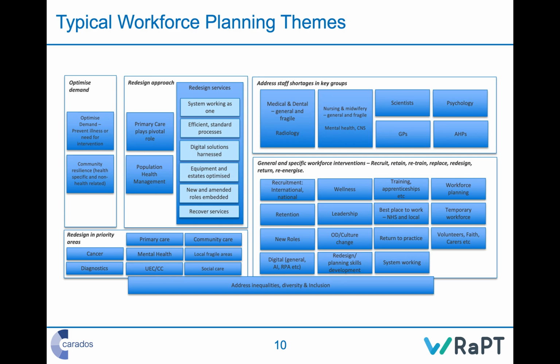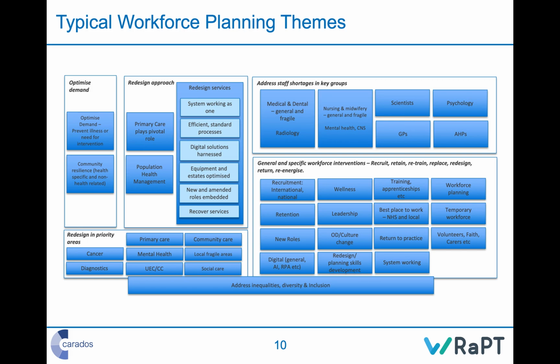Then on the right hand side, you've got a couple of other areas that are often focused. One is addressing staff shortages in key groups. There are a few groups that have come up recently, but it can be any group really. Medical and dental: in general, finding enough doctors, but there are certain fragile services. Radiology, one example, coming up time and time again. Nursing and midwifery: you could just say generally we haven't got enough nurses and midwives.